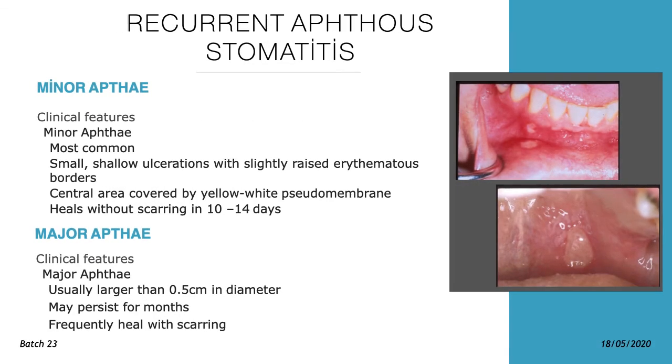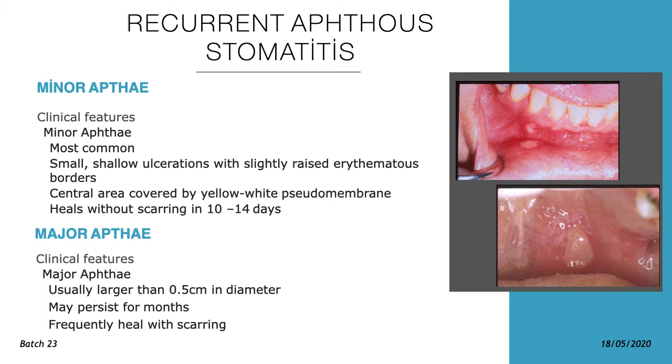The clinical features of minor aphthous, which is more common, are small shallow ulcerations with a slightly raised erythematous border and a central area covered with a yellowish white pseudomembrane, and the ulcer will heal within 10 to 14 days without any scarring.